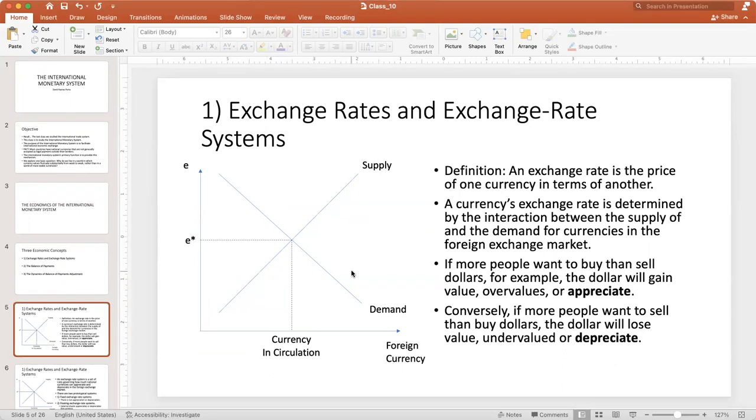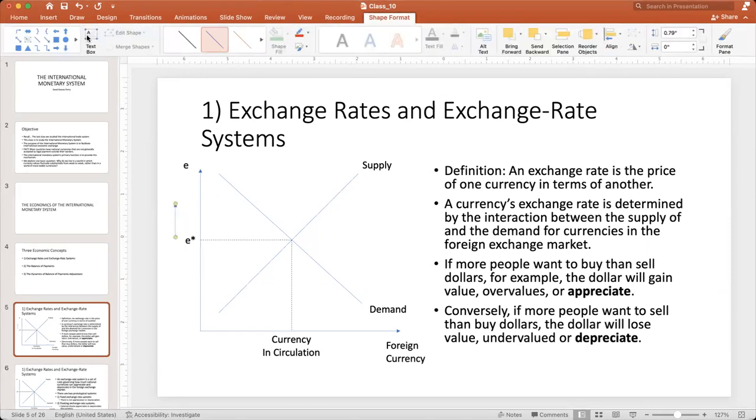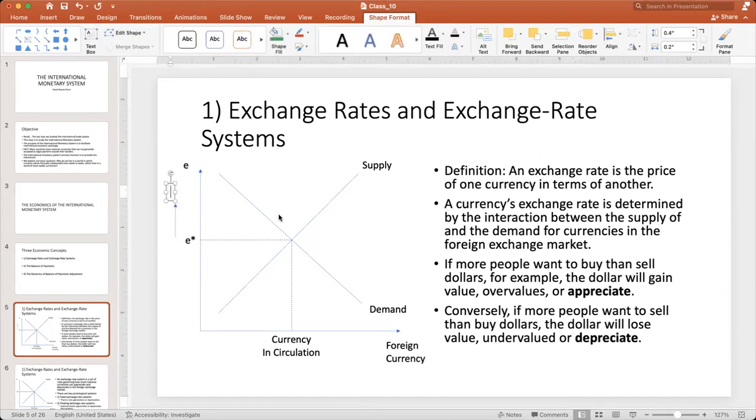If more people want to buy than sell dollars, for example, the dollar will gain value over other currencies, or appreciate. So here, appreciate means to gain value.